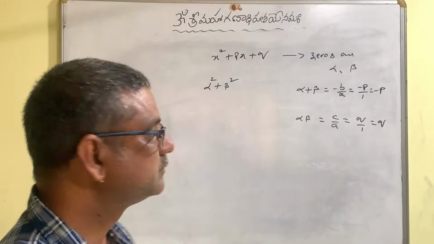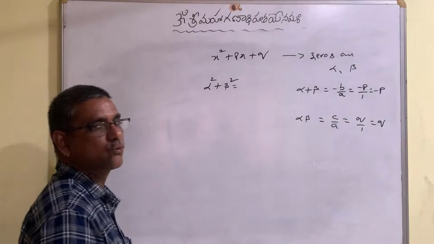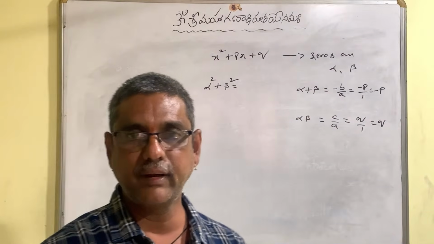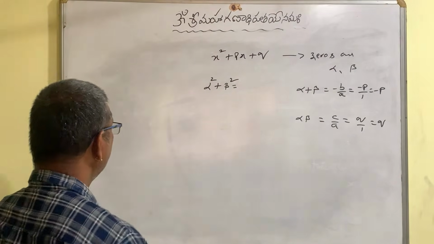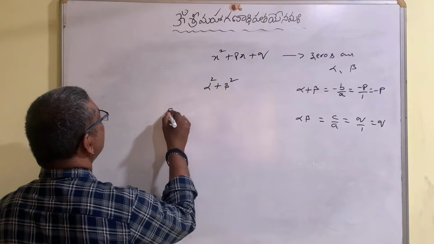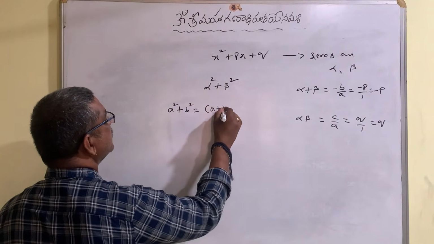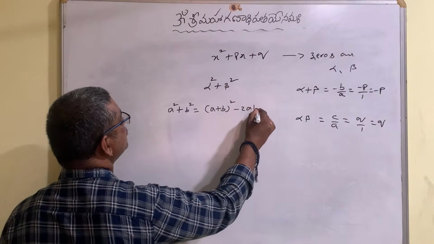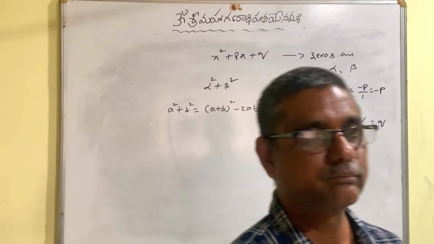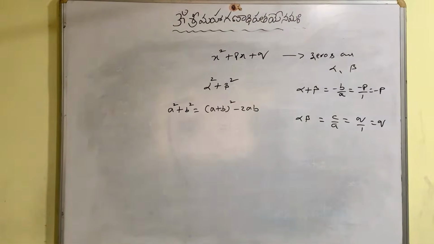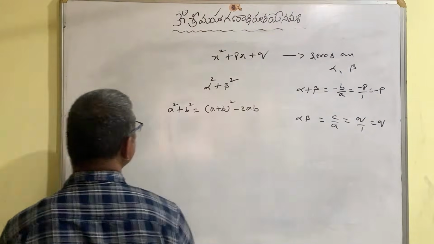Next, we have to find the value of alpha square plus beta square. We have a formula that a square plus b square is equal to a plus b whole square minus 2ab.